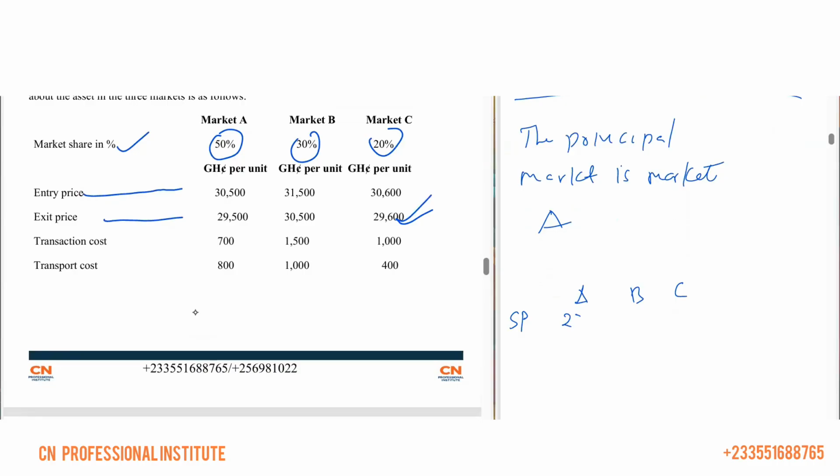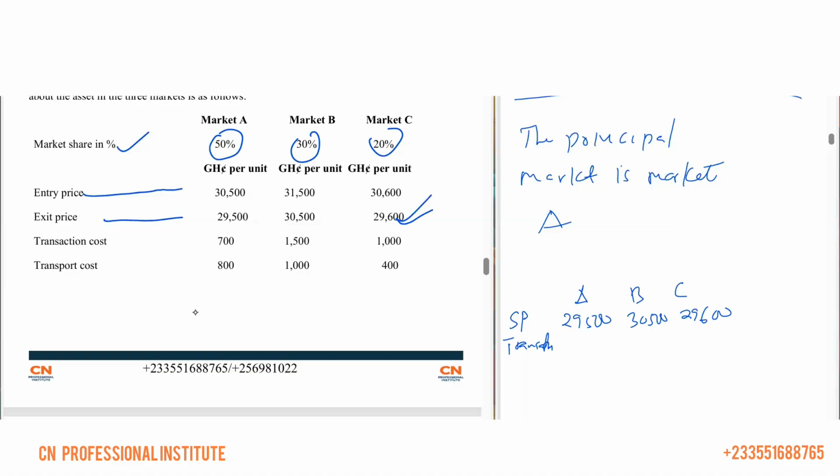So here will be 29,500. Market B will be 30,500, and market C will be what? 29,600. Then we deduct the transaction cost.